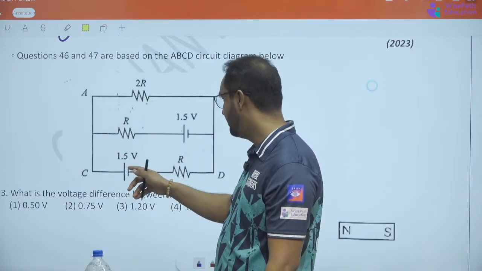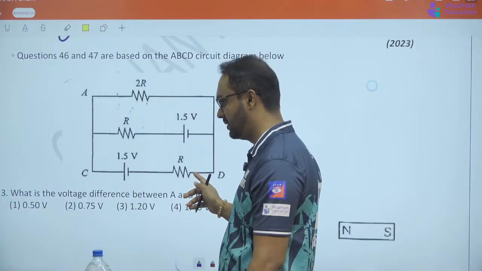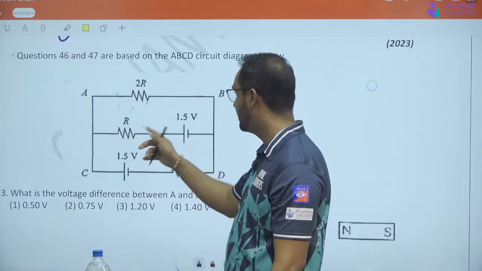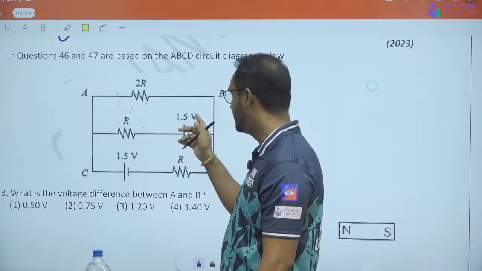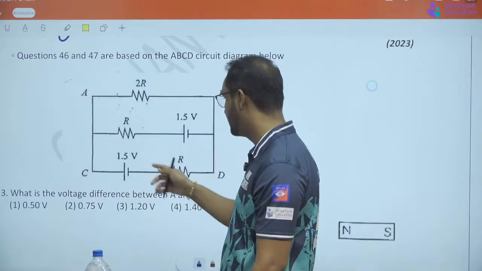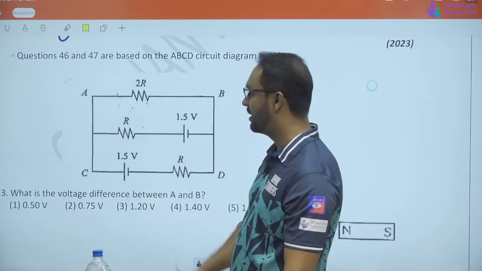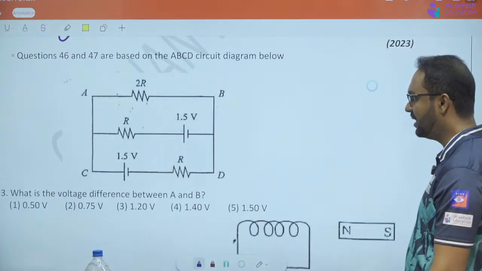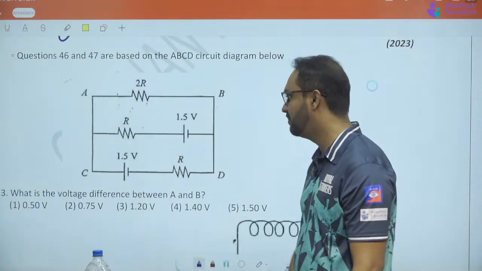There's 1.5, and because of this resistor connected to it, some voltage will be dropped. So this is like an internal resistance of this battery, and this is like the internal resistance of this battery. So they are basically two batteries with the same voltage connected in parallel.